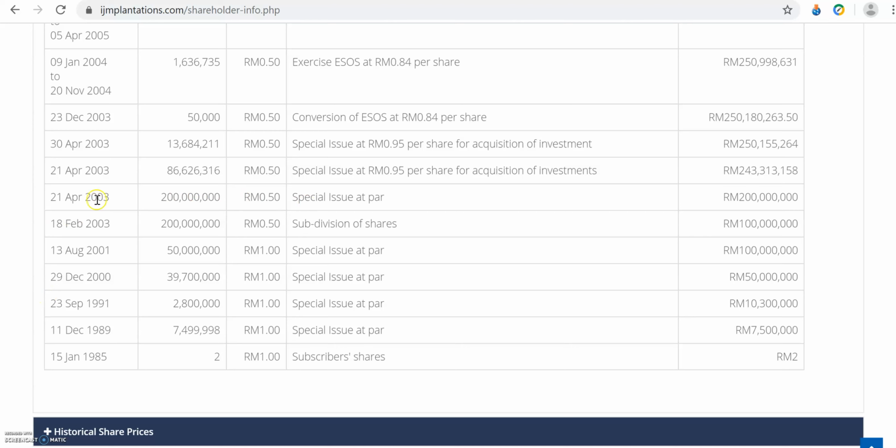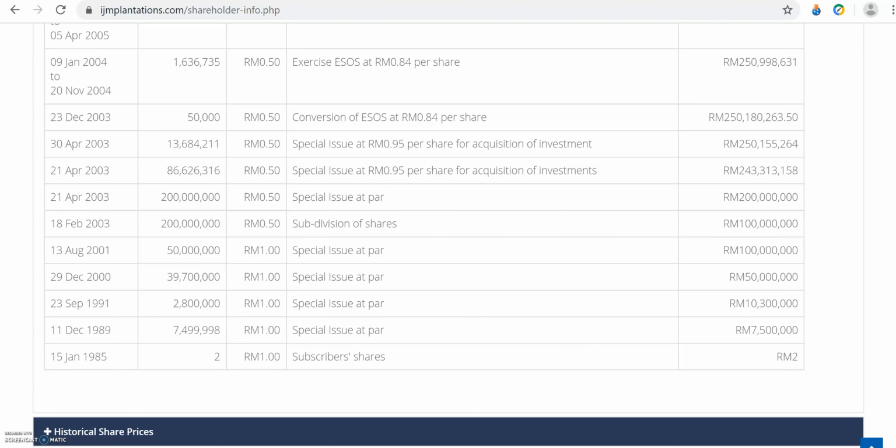Then in 2003 again, there was a special issue at par, and then a special issue at 95 cents per share. This is issuance at a premium. During that time we had this nominal par value, so if you issue above the nominal amount, you are issuing at a premium. So 95 cents is more than 50 cents, so it's issued at a premium, whereby the premium value is only 45 cents.